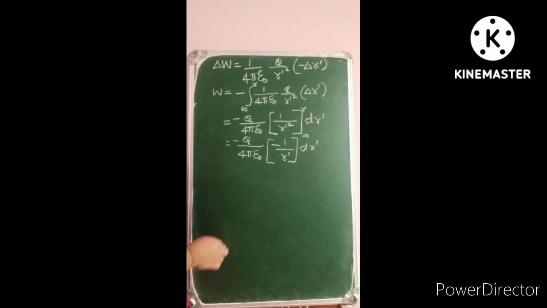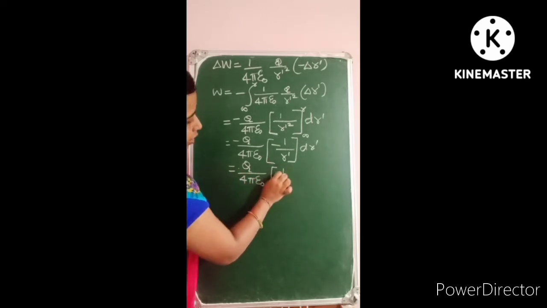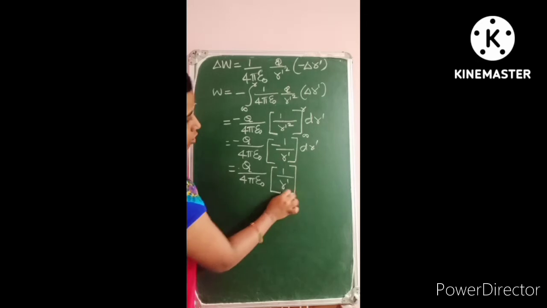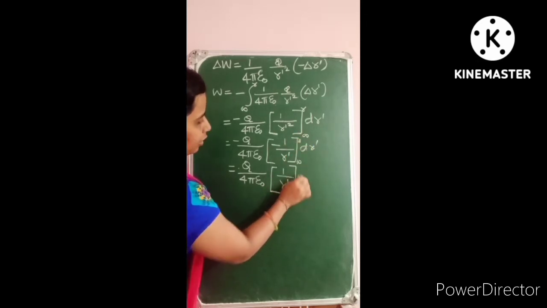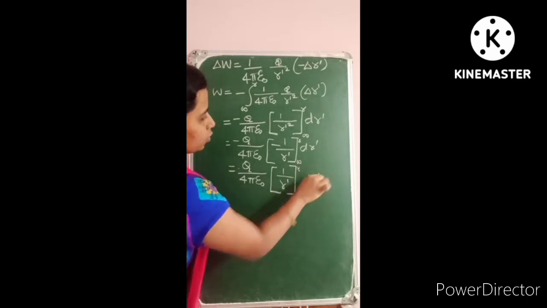So it becomes minus into minus, it is plus Q by 4 pi epsilon naught into 1 divided by R dash between the limits infinity and R.